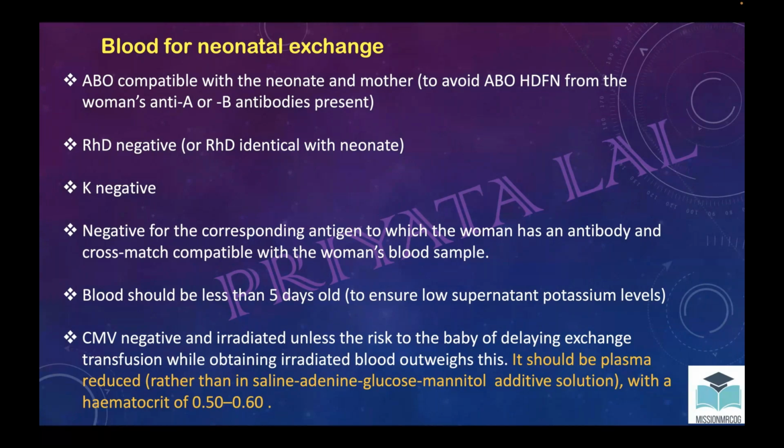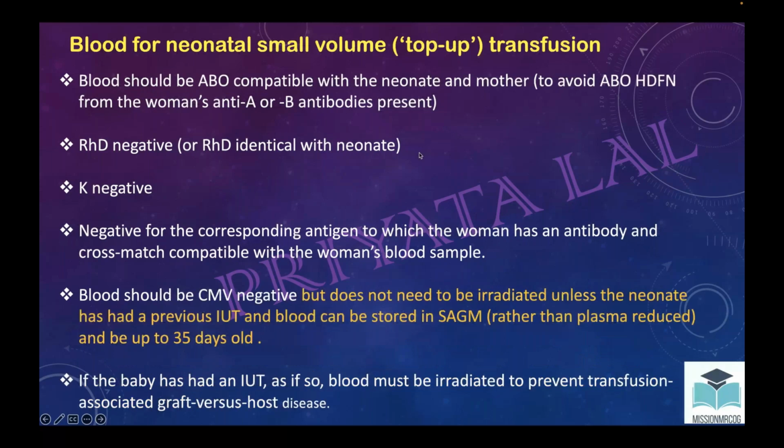These are the requirements for exchange, and these are the requirements for top-up transfusion for fetal anemia. So these things are the same. The difference is that it should not be irradiated unless a previous IUT is there. Apart from this, it could be like 35 days old.